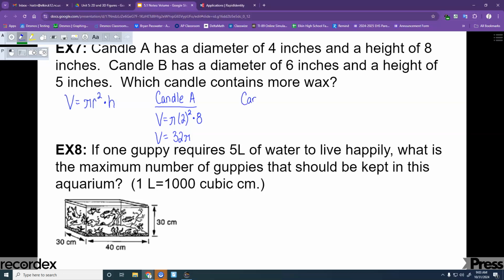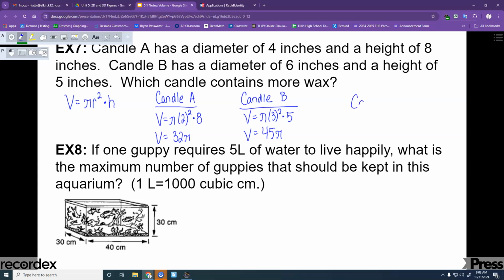And candle B, what is our radius for that one? And the height? 5. So that is going to be 3 squared is 9. 9 times 5 is 45 pi. Which one has more wax?